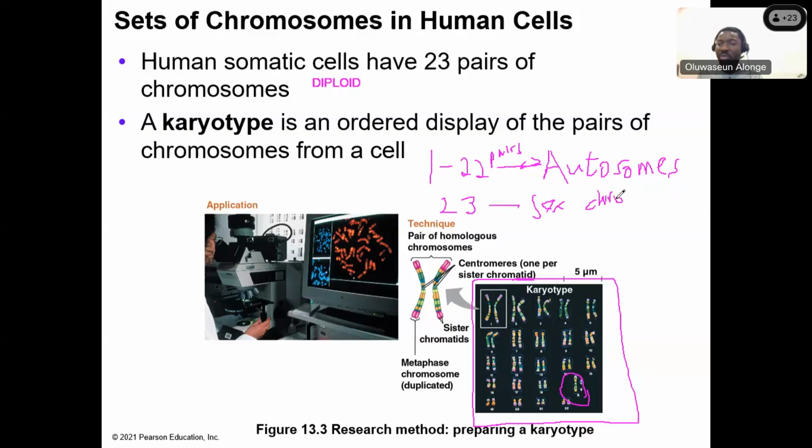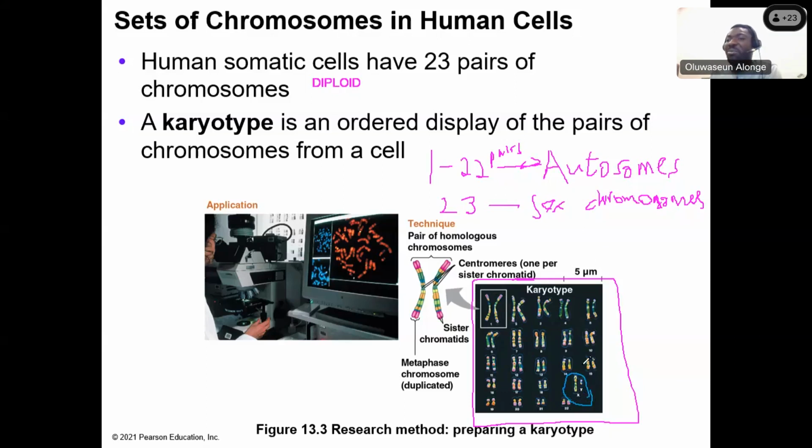Now, the sex chromosomes, for male, it is XY. And for female, don't mind the way I'm writing, I'm using my mouse, it is XX. So if you look at this chromosome 23 here now, you can tell that this gender is a male, right?